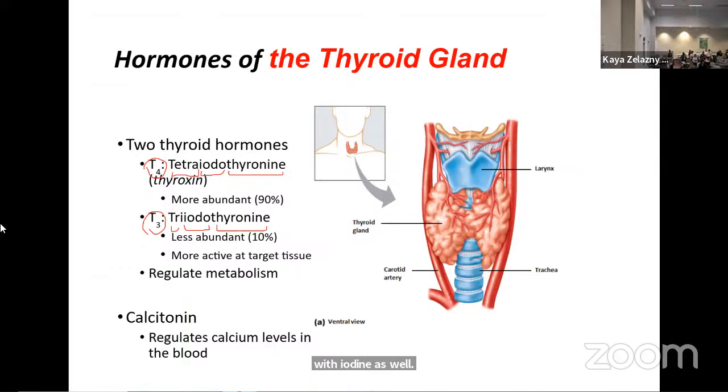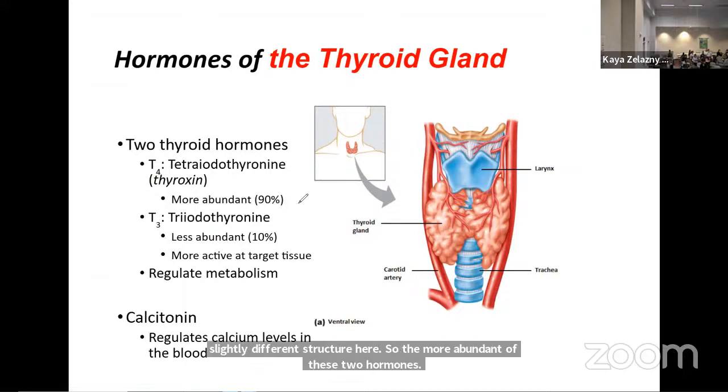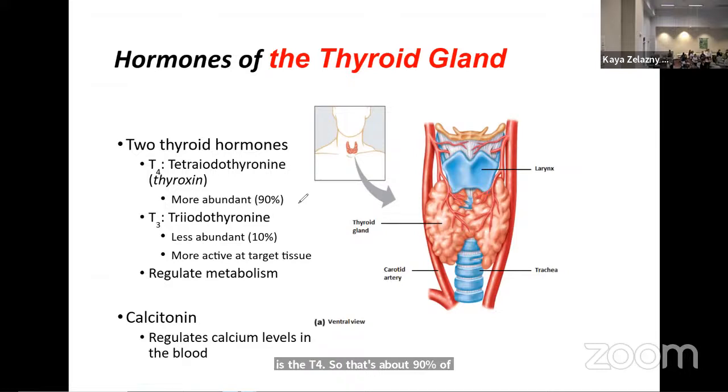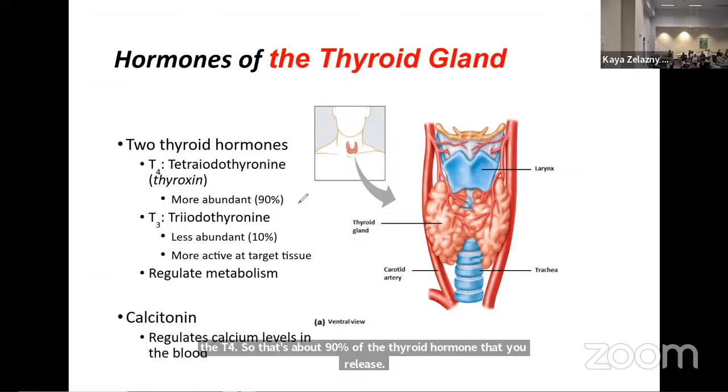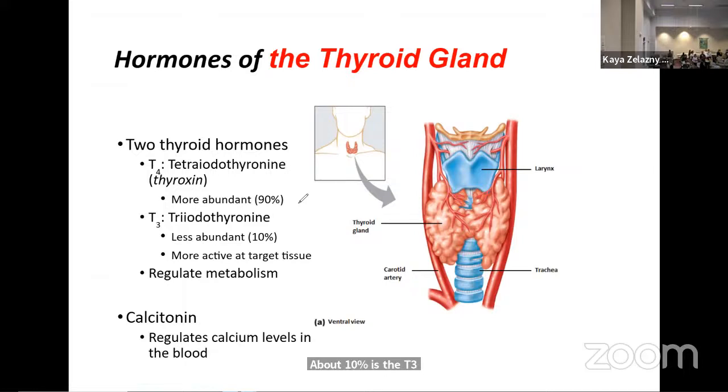The more abundant of these two hormones is the T4. That's about 90% of the thyroid hormone that you release. About 10% is the T3 form, but that's the one that is a bit more active at the tissues that the thyroid hormones are targeting, so it's more effective. The general role of our thyroid hormones is to regulate metabolism.